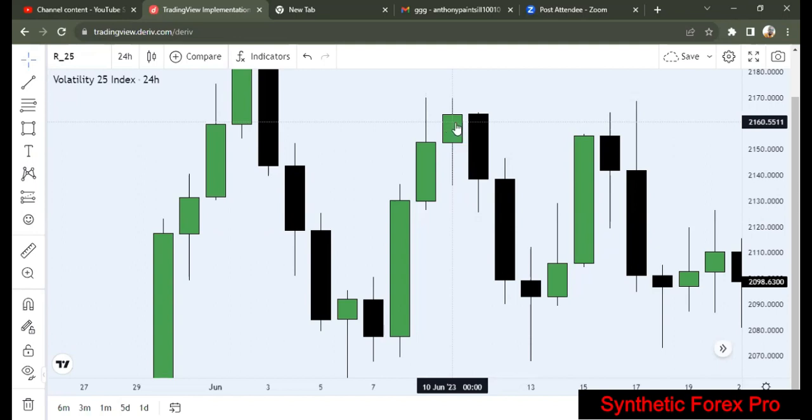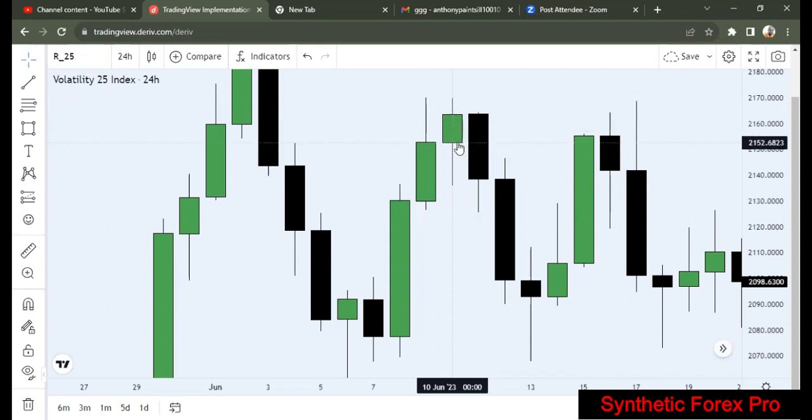For instance, as I put this cursor on this particular candle here, I have deactivated a lot of settings on this platform. It would have shown you at the bottom where is the low, where is the high, where is the opening, and where is the close.